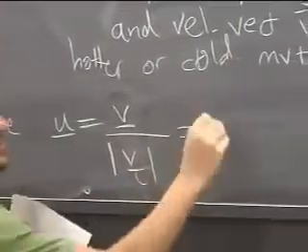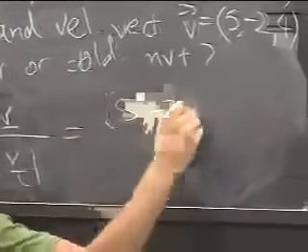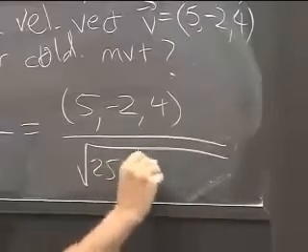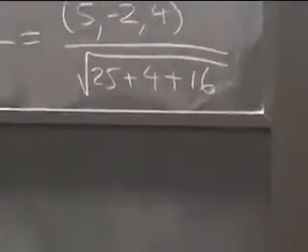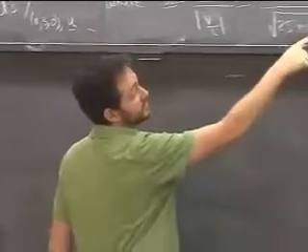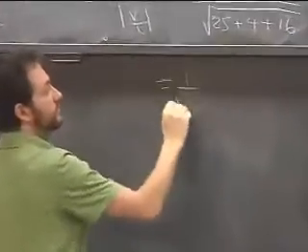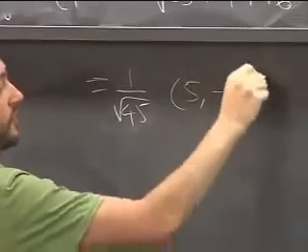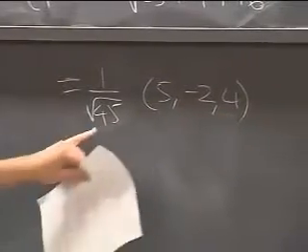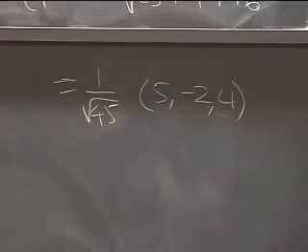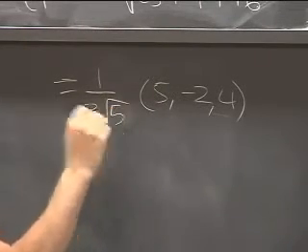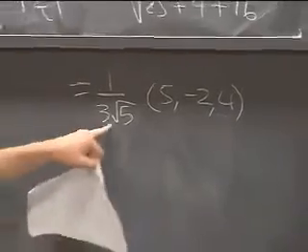So we might as well compute this. 5 minus 2, 4. So it's 1 over root 45, 5 minus 2, 4. And if you really want to be clever, you can write that as 3 root 5. Maybe I should have just done that, because 9 is a factor. Anyway, the actual value of this number is irrelevant, as we shall soon see.